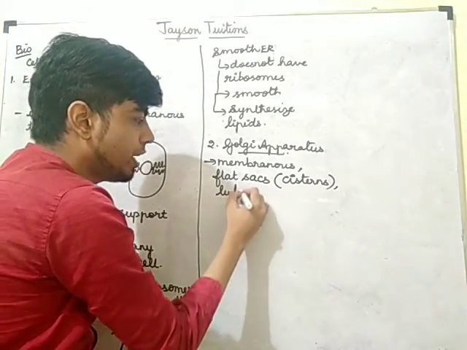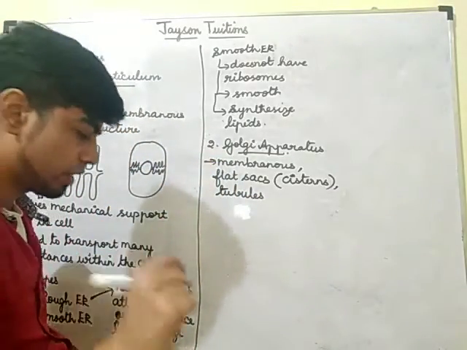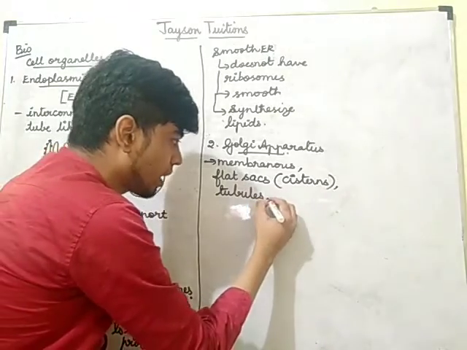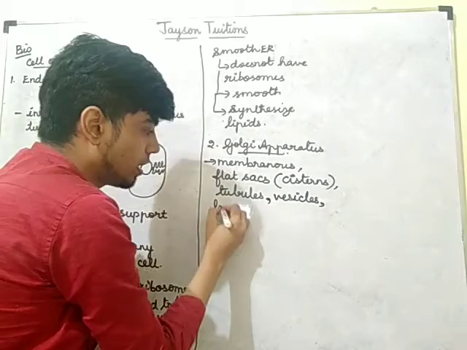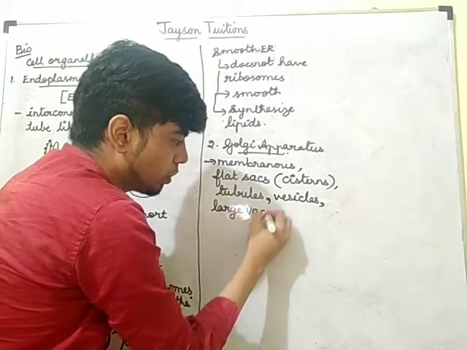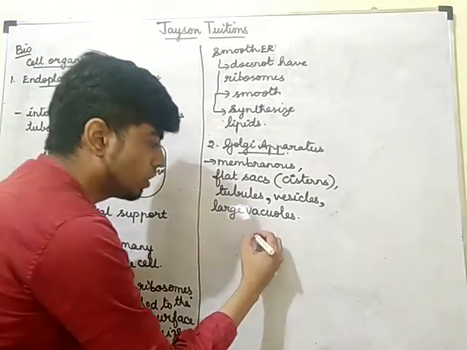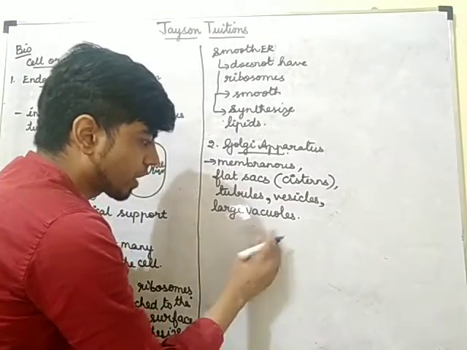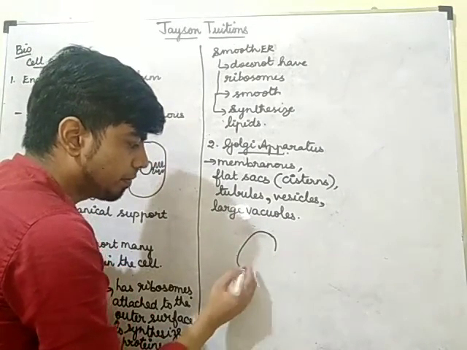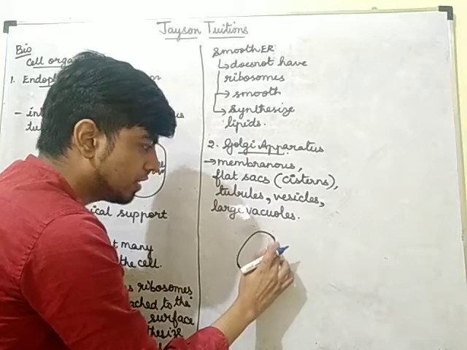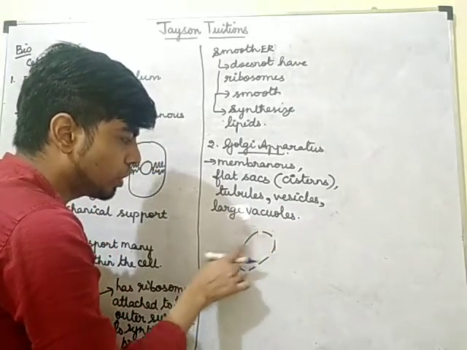And it has many tubules, which means small tubes. It will have vesicles and large vacuoles. So flat sac means it will be like this inside the cell, with tubules, small tubes like this.